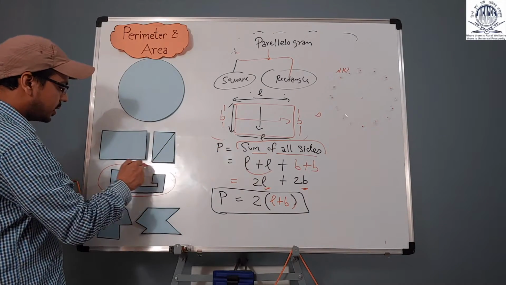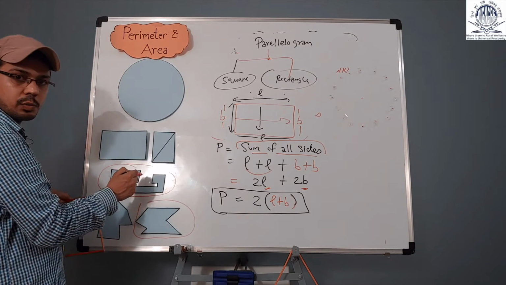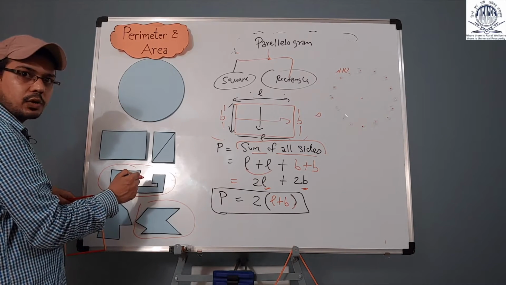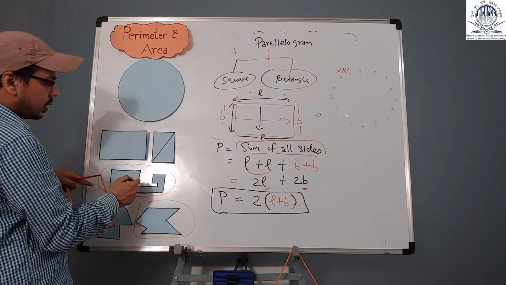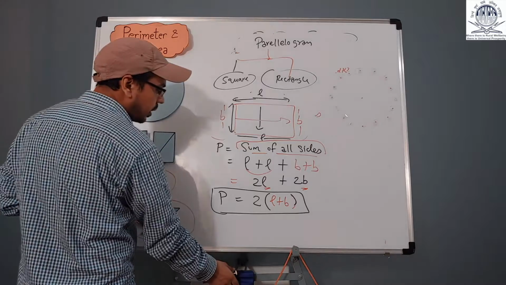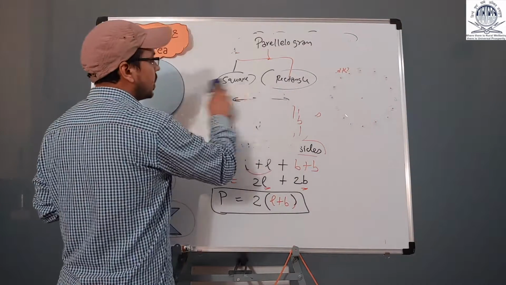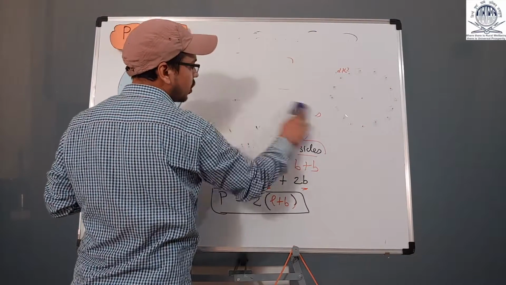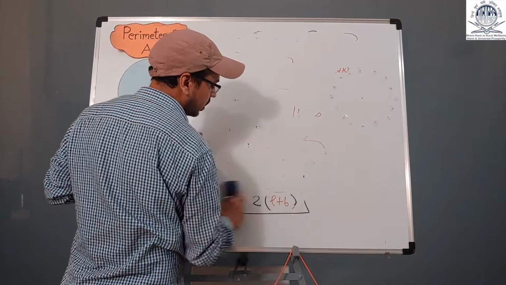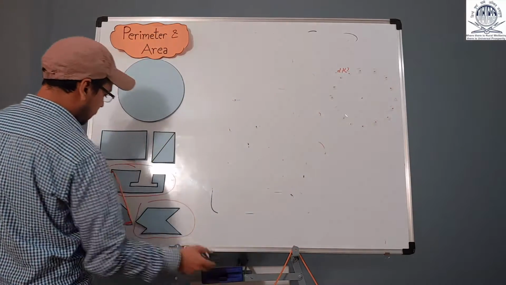And one thing to identify: can we use this formula for a very strange figure like this? For example, we have a very strange figure like this, or another figure like this. Can we use those formulas for this? Well, not exactly. So when we have these kinds of figures, let's try to get back to our calculation of perimeters. We'll replicate one of the figures over here, like this.